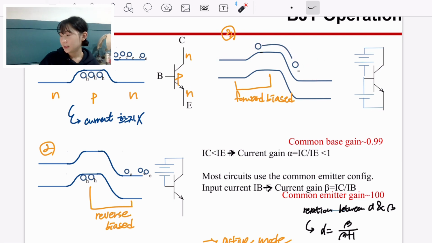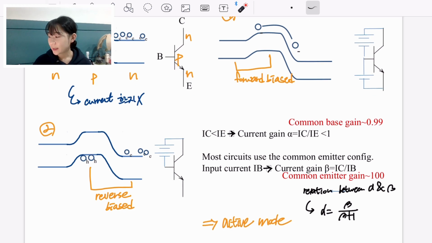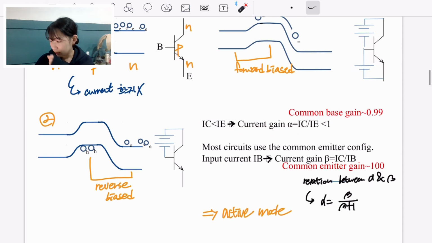And in BJT, the gain is very important, so we named the current gain alpha and the other current gain beta. The relation between alpha and beta is like this.